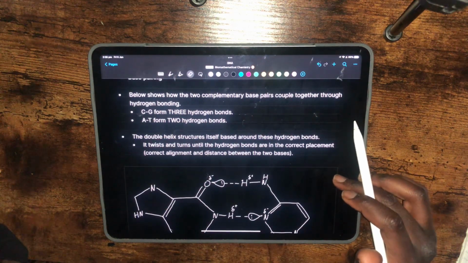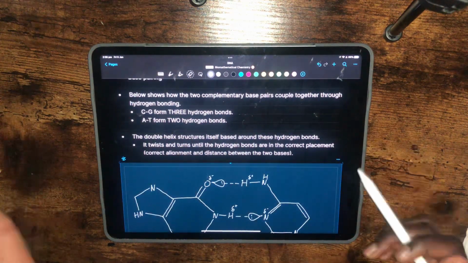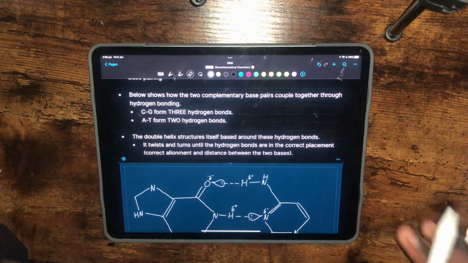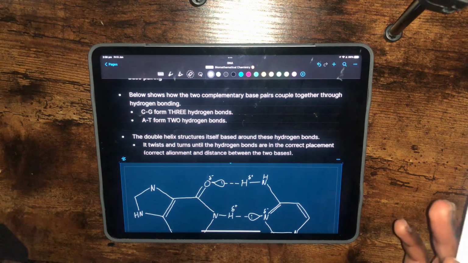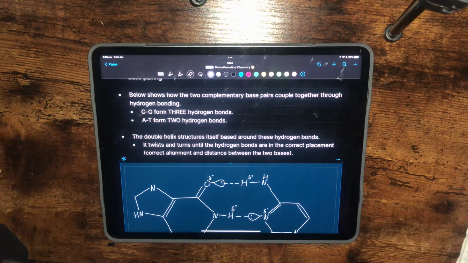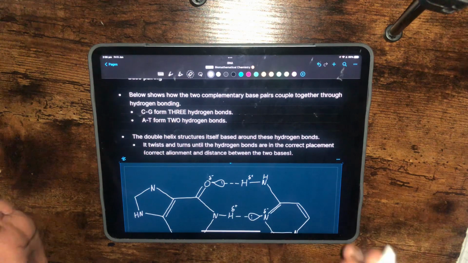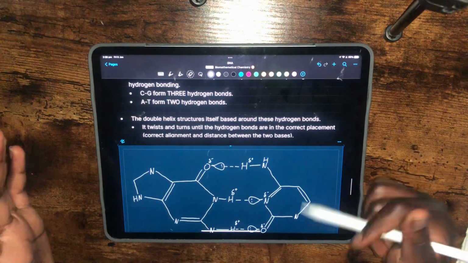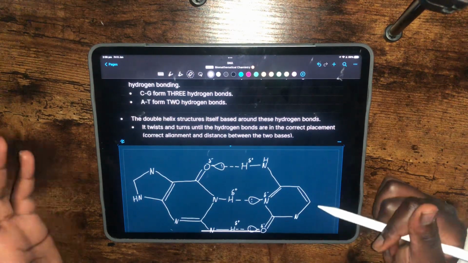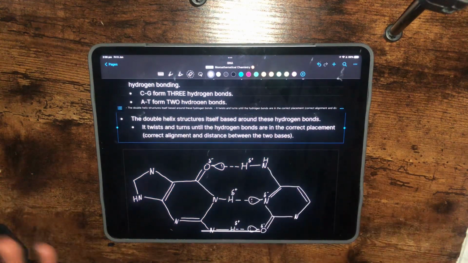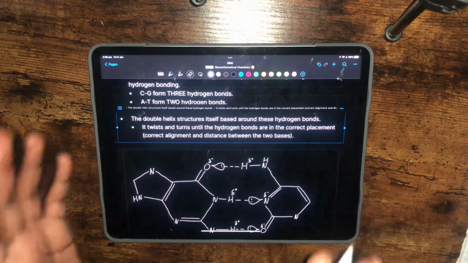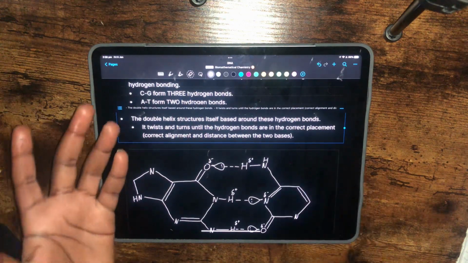The double helix structure in itself is just based around the fact that they're two complementary molecules, and they're complementary because of the type of bonding that they have. That bonding determines its alignment, its distance between the two molecules, and hence it will have an overall effect on the shape of the DNA molecule.